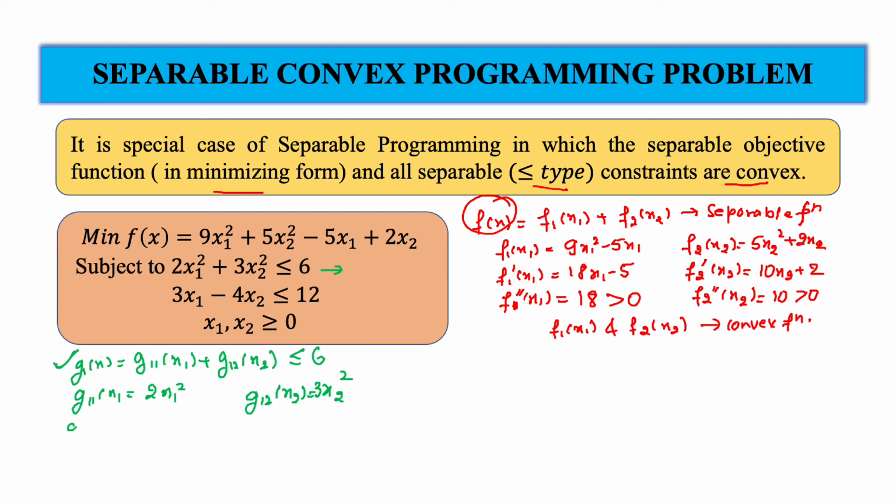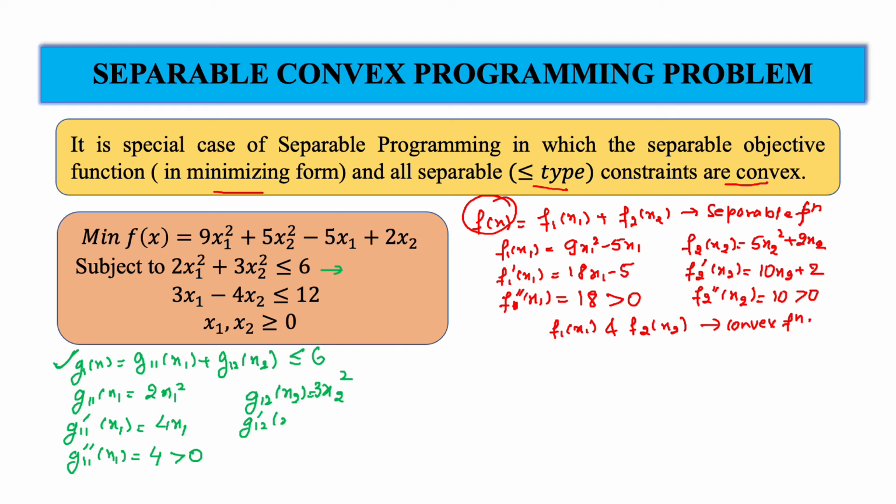Now to check their convexity, we will find the first derivative, that is 4x1, then the second derivative, that is 4, which is greater than 0, hence g11 is a convex function.